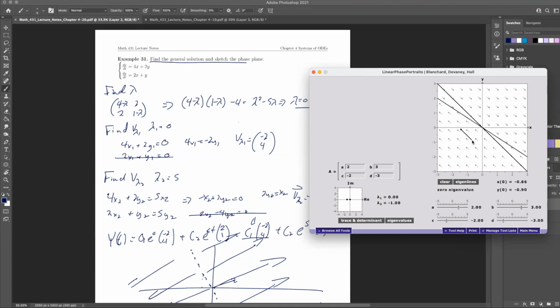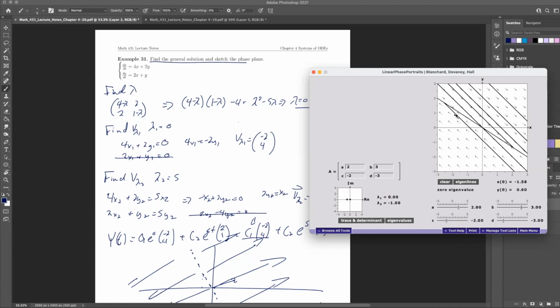And so here are our eigenlines, but notice, the other one was at 90 degrees. This one's not. This is my line of equilibrium points right here. All these are equilibrium points because that's the vector for 0. Then all the other vectors are going to be parallel to this vector, right?